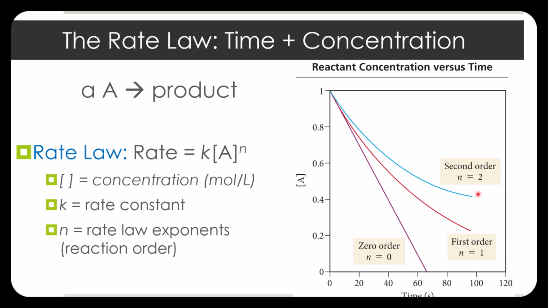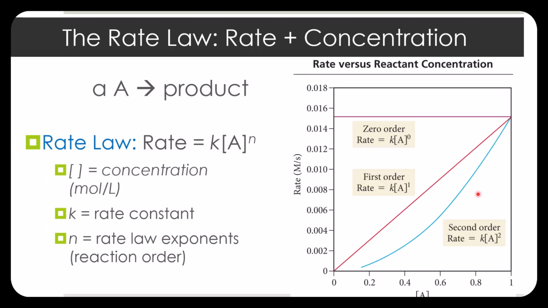As A is disappearing, the rate is going to pump the brakes and slow down super fast on us. So there's a lot of correlation between the concentration of A and the rate. Another way to say that is the rate is very sensitive to changes in A. So little changes in A result in big changes in the rate.